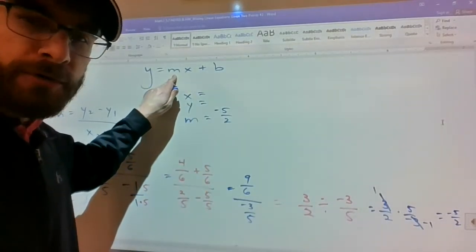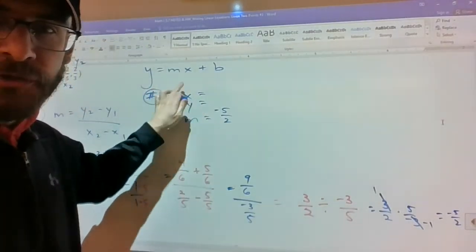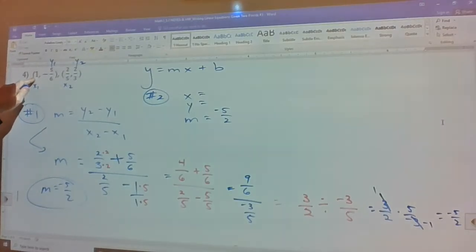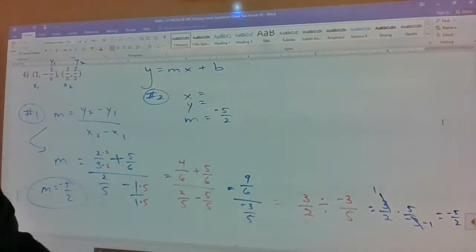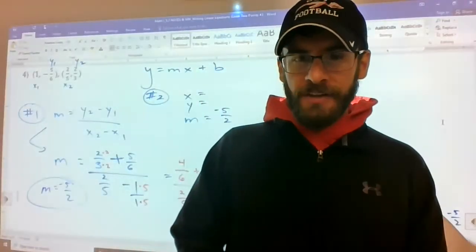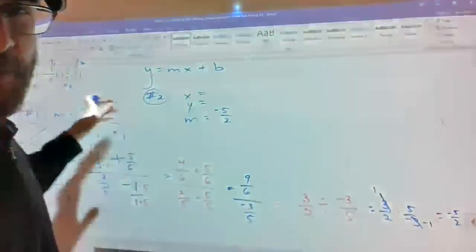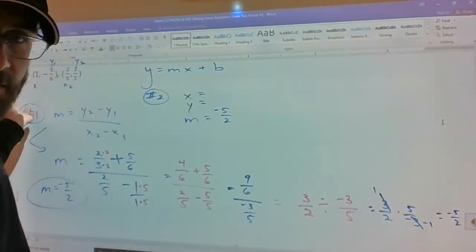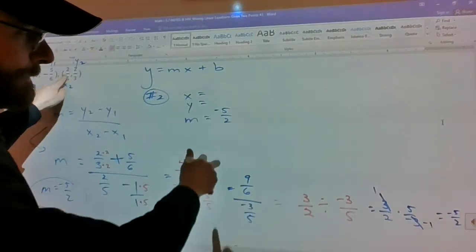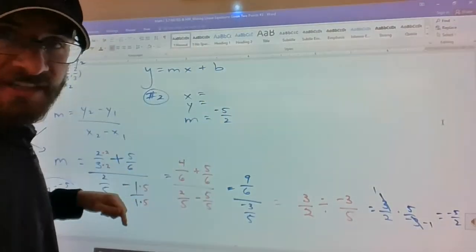What would you rather multiply negative 5 over 2 by? 2/5, which is pretty much its reciprocal, or 1? Well, here's the thing. It's kind of hard to go wrong in this situation because multiplying by 1 is super simple. But multiply by your flip, you're going to get cross cancellation there.